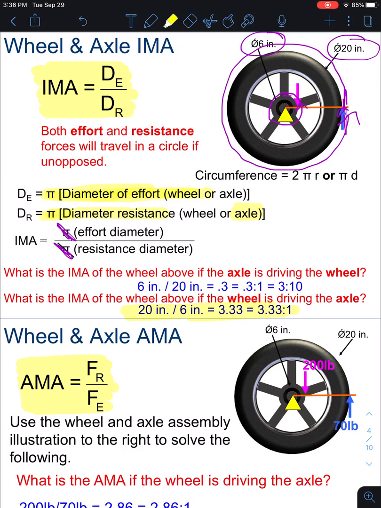Your effort distance would be 6 inches, the radius of the axle, divided by 20 inches, the radius of the wheel. That would give us a different answer. But let's just stick with the one we were working on, this bottom one. 20 divided by 6 is 3.33.